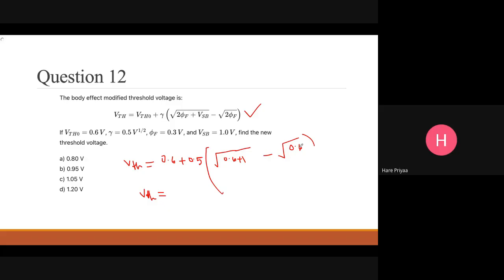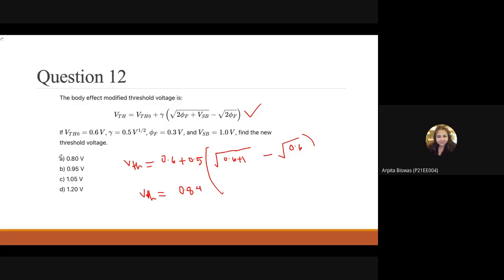Ma'am, we get 0.8 as well. 0.8, okay. Actually, I have not directly calculated it, but this is how we have to calculate. So what is the answer? 0.8. Yes, ma'am. The exact value is 0.84, ma'am. So the nearest value is 0.8.